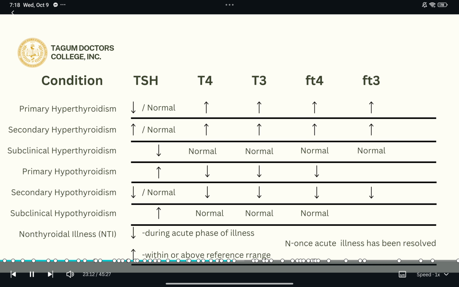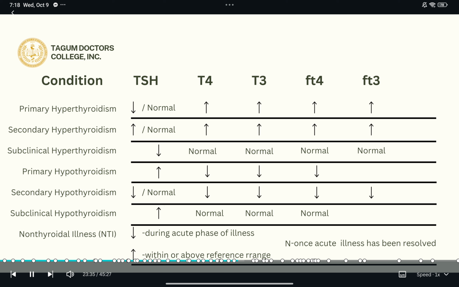In this table, we can see levels of our T4, T3, free T4, and free T3, and our TSH, depending on the condition. So, pag hyperthyroidism, di ba na-expect na to, since hyper siya, so dapat mo taas jud ang iyahang values.